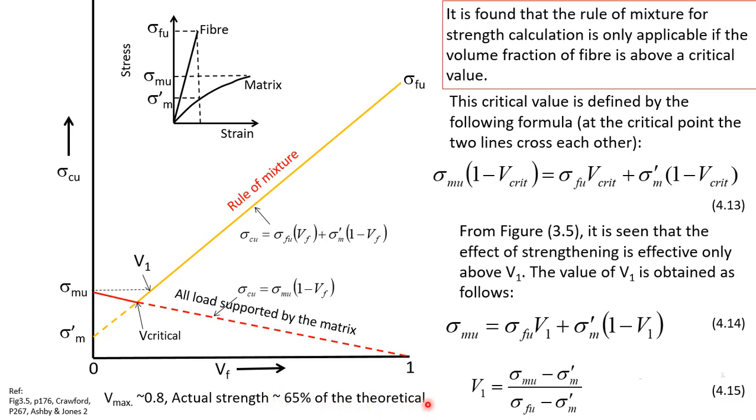This is because manufacturing can introduce many defects, and therefore we can never achieve the theoretical value of the strength. These things we should keep in mind. And the volume percentage of fiber in a unidirectional fiber composite can be in the range from V1 to 0.8.